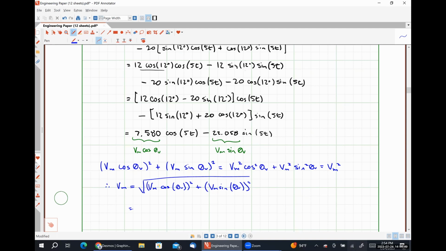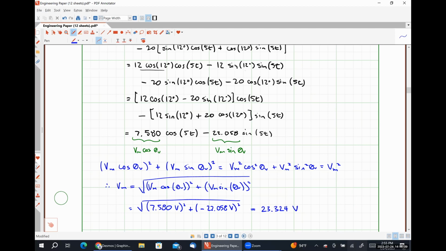or the square root of 7.580 volts plus negative 22.058 volts. Both of these quantities are squared. So throwing that into my calculator, I get 23.324 volts.